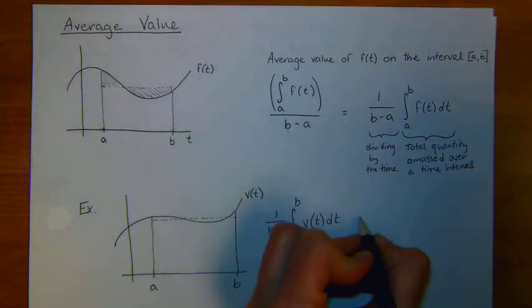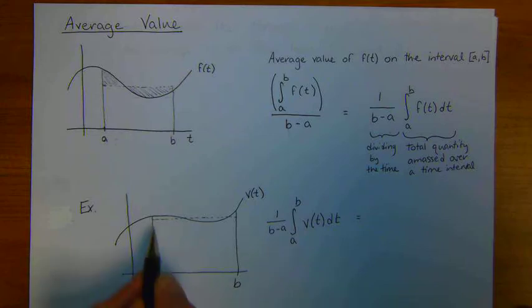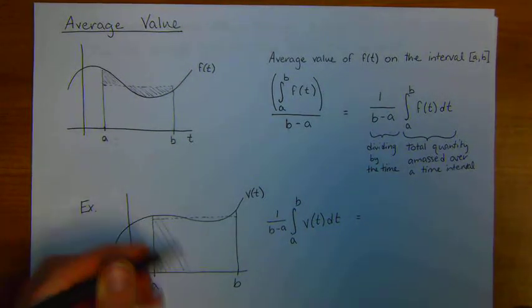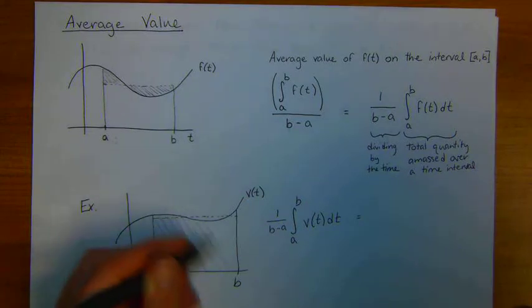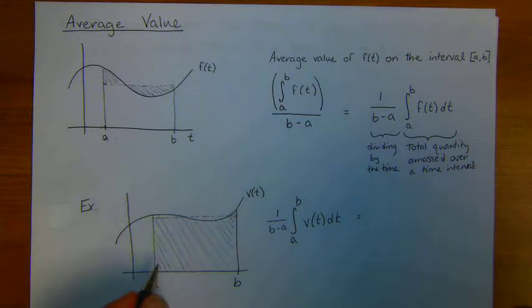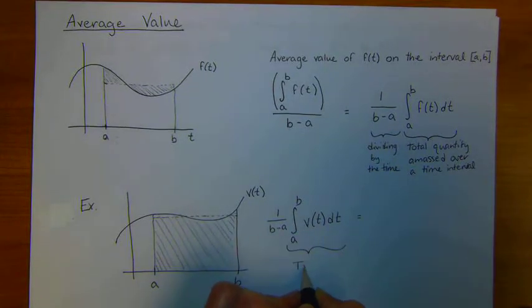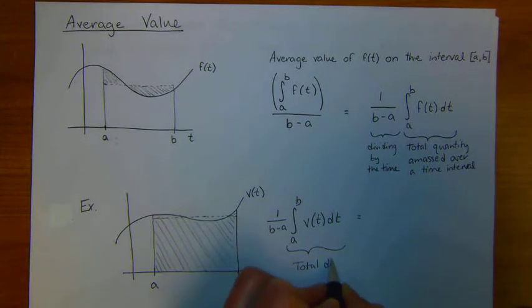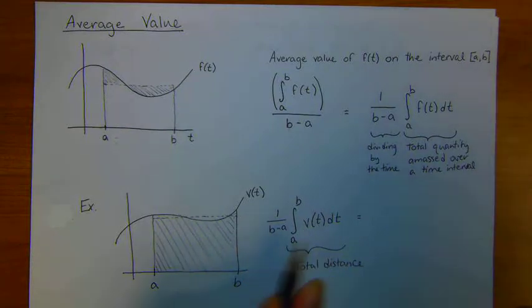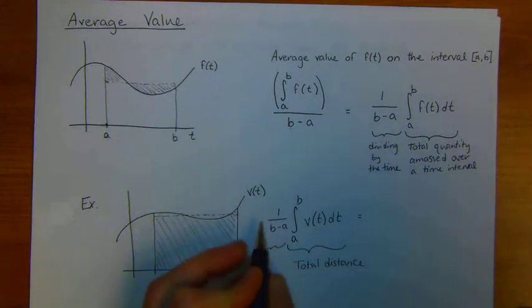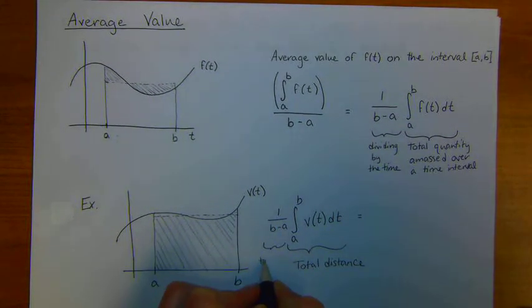But contextually, this is the same thing as the integral under this velocity curve. By our net change properties we've already talked about, this value is going to be the total distance, because the integral of a rate is going to be the total distance that's traveled, and then this divided by b minus a, that's the total time.